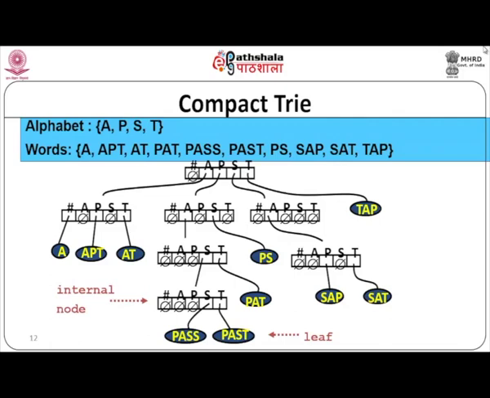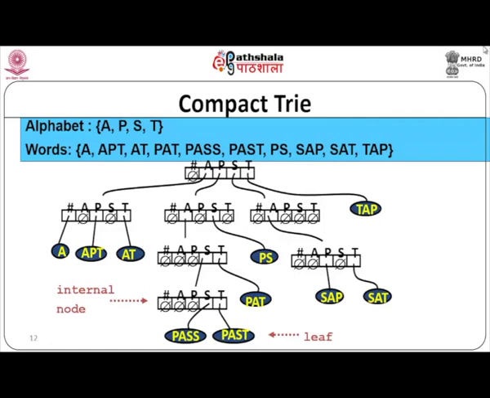Then from P you have PA and PS. PS itself is a word. From S, you have A only, and from T you have only TAP, there is no other prefix issue, so directly TAP.